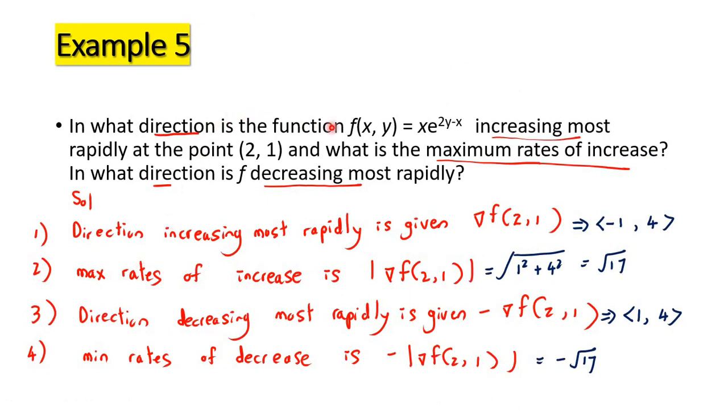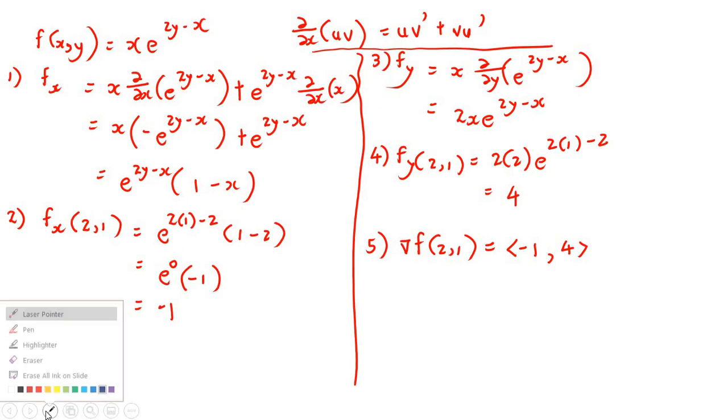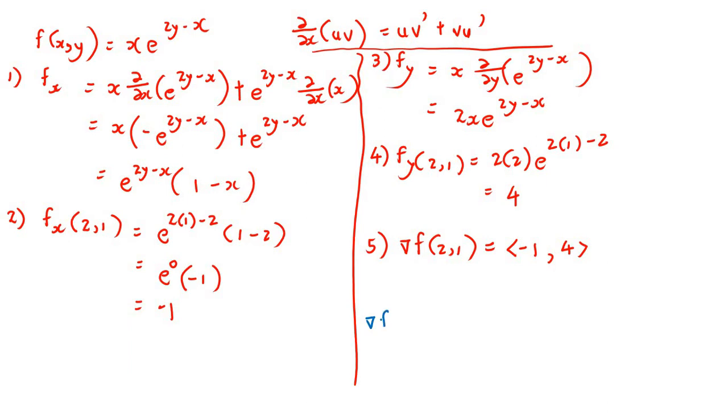That's why, for the function f(x, y) equal to x e^(2y − x), you find the gradient vector. The gradient vector is fx(x, y) in the component i plus fy(x, y) in the component j.